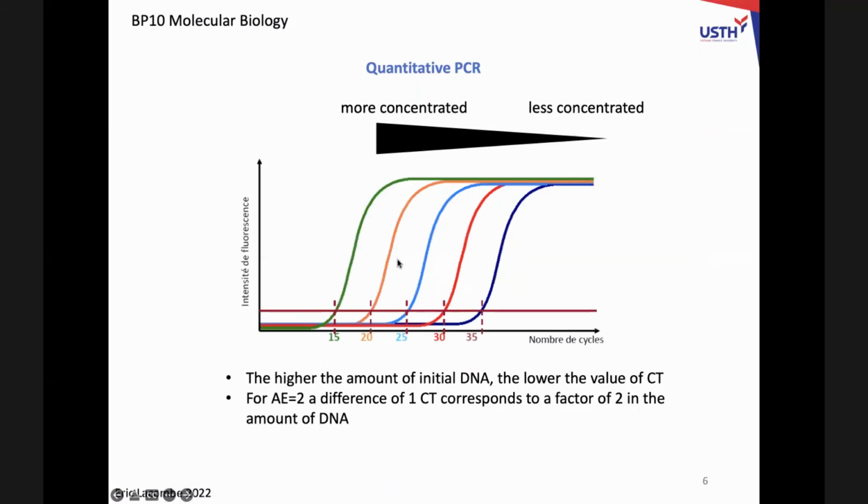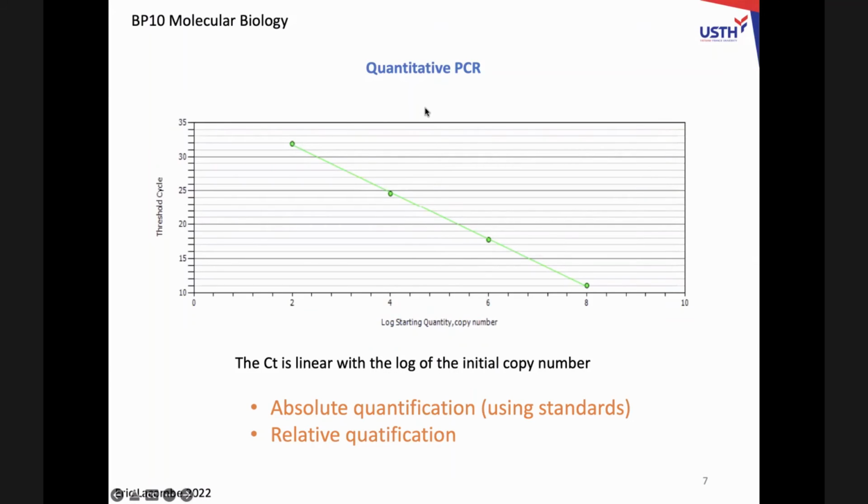So from now, sorry, I forgot to tell you, we've got two values now. We've got values of CT and values of the quantity of template at the beginning. And if you look at it mathematically, we can model this as a line.